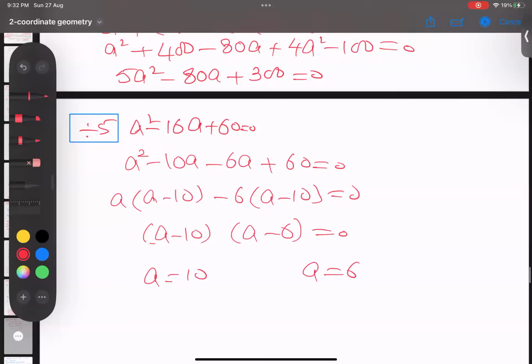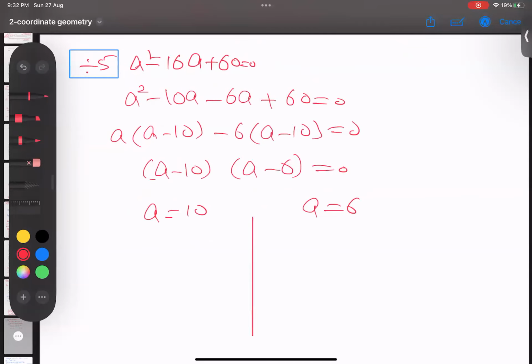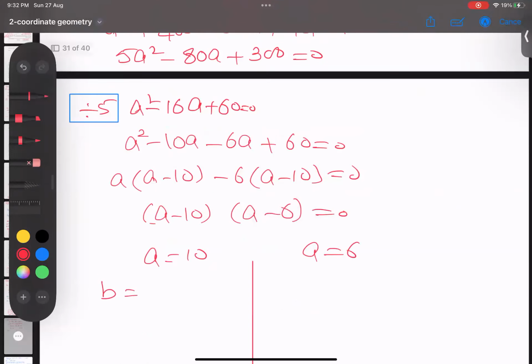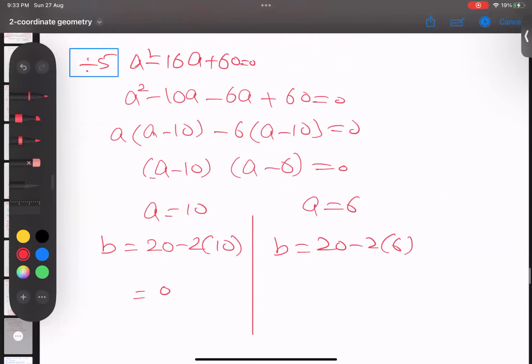But the problem is only here. I will plug both a values into any one equation. I think here is better: b equals 20 minus 2a. When 10 goes here and 6 goes here, I get 0 for the first. As he said, b is positive, you know it very well, students.